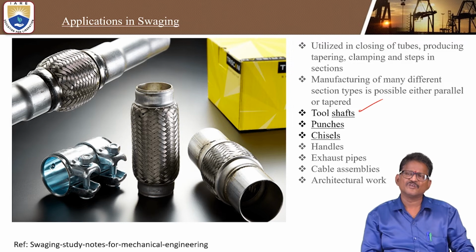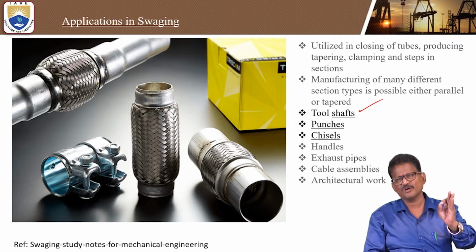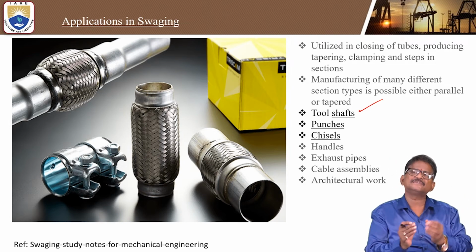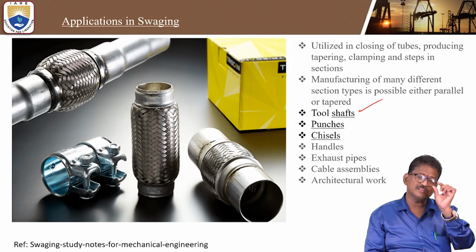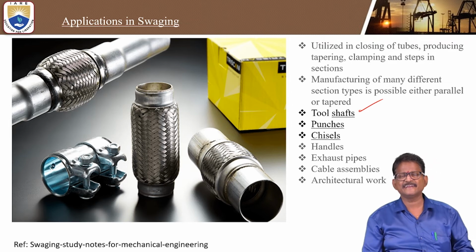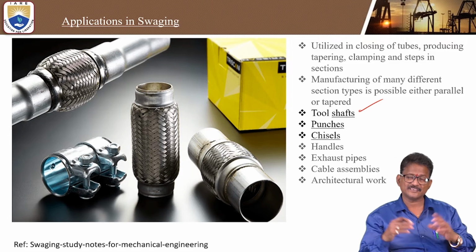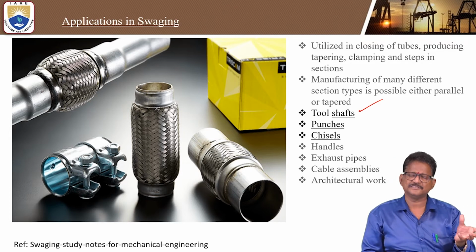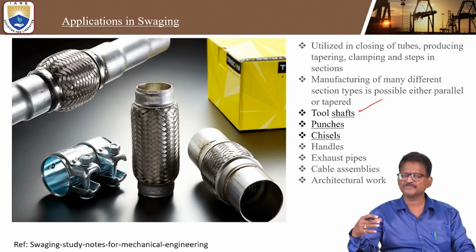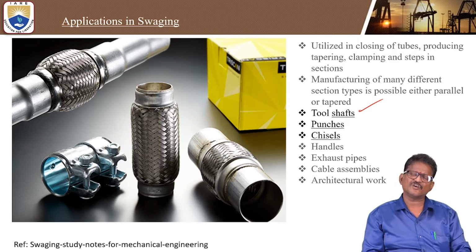Whenever you want a sharp edge, swaging can be performed in order to maintain uniform thickness. That wall thickness also plays an important role. Then some handles, and exhaust pipes in IC engines, two-wheelers and four-wheelers, how the exhaust pipe can be fitted together in order to avoid pollution, etc.